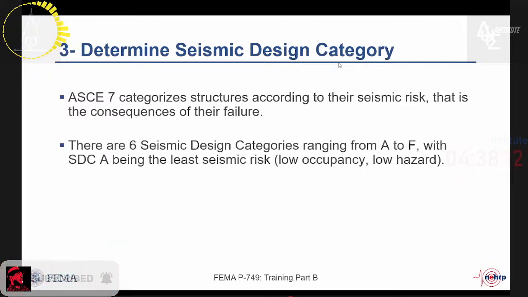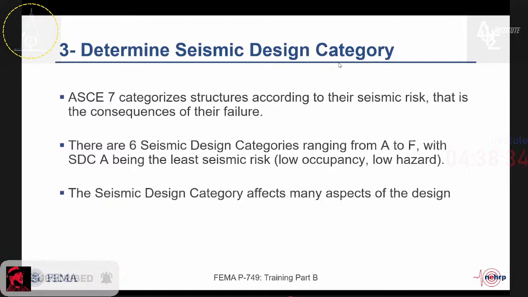There are 6 seismic design categories in ASCE 7-22, just as there were in earlier editions of the standard. They range from A to F, with A representing structures that pose the least seismic risk, either by occupancy or as a result of where they're located, and F representing structures that have the highest risk to society.